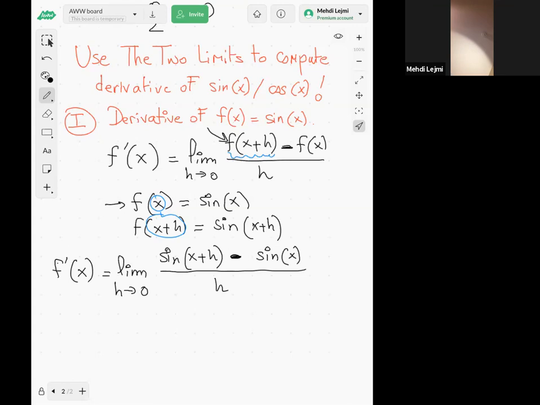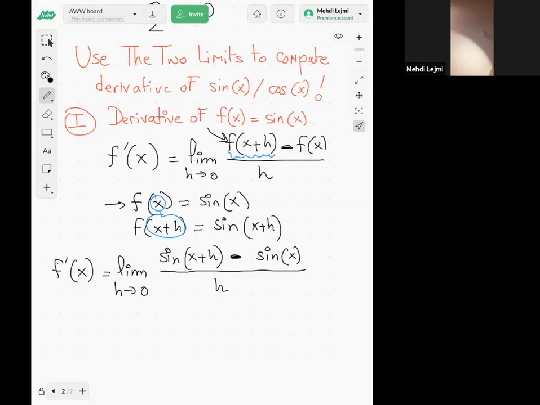If you just substitute h by 0, which is how we compute limits, you're going to have sine of x minus sine of x, that will be 0 over 0, so it's just an indeterminate form. So we need to find another way to compute this limit.